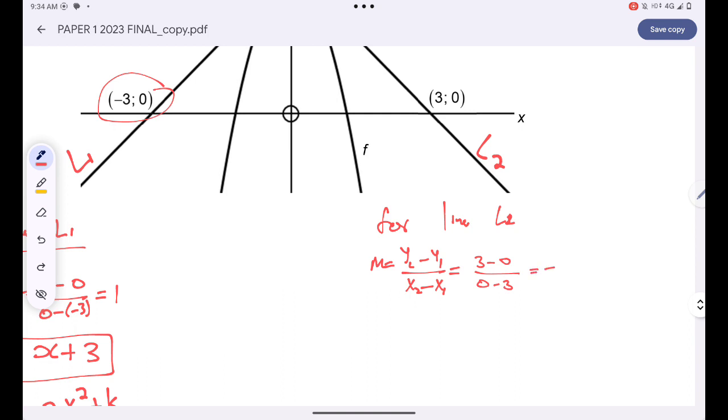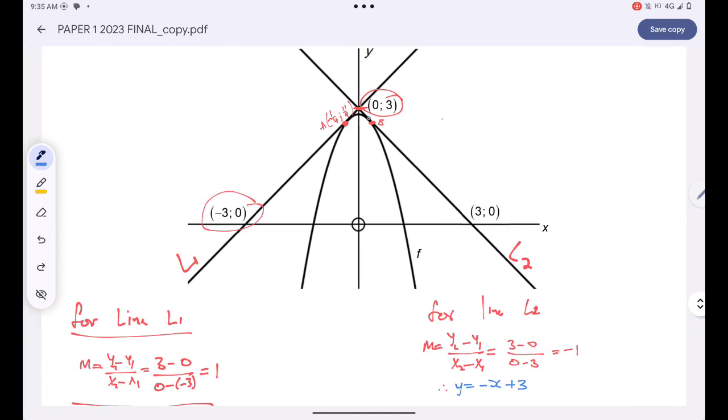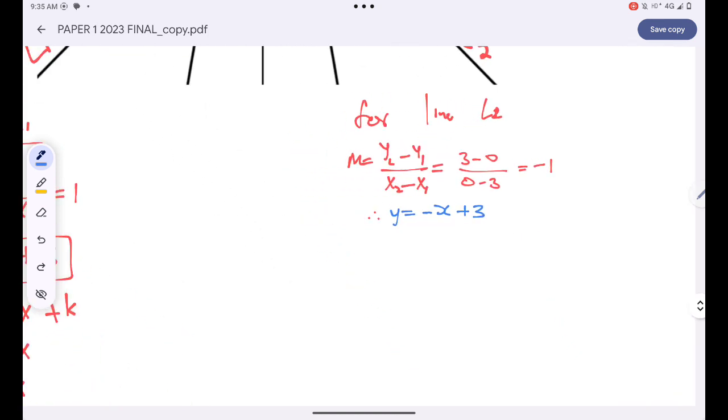This will just give us negative 1. So the gradient of line L2 is equal to negative 1, and hence the equation of the line, let me use a different color over here, is y equals negative x plus 3. Remember that the two lines have a common y-intercept, right? Okay.